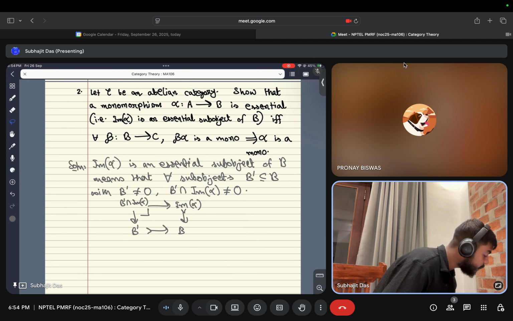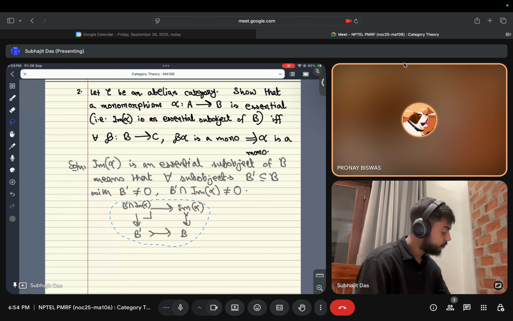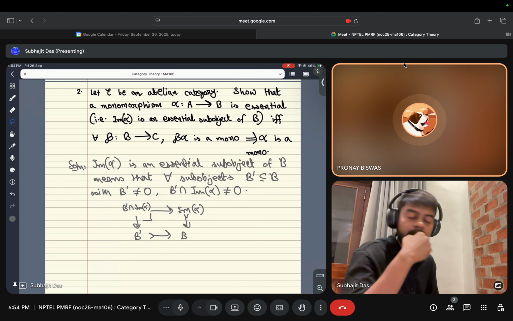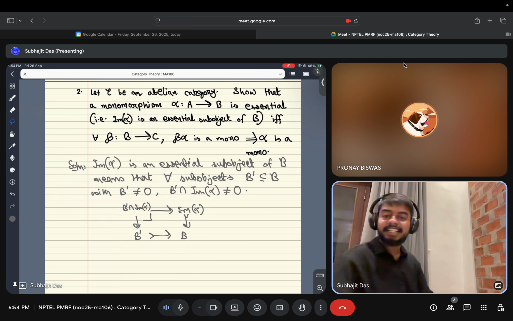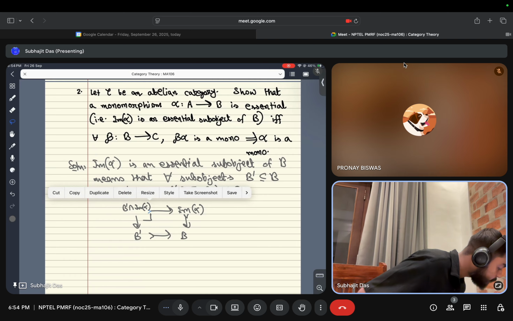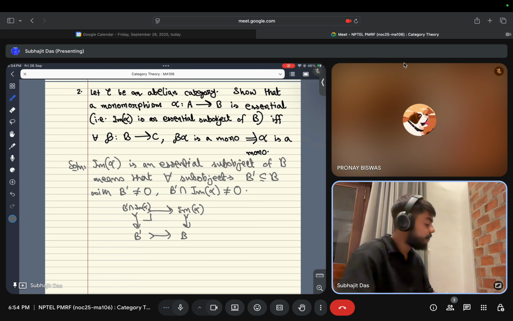Okay, so this is what an essential monomorphism is. Yes, so B prime intersection image of alpha will be a subobject of image of alpha as well as a subobject of B prime, because monomorphisms in any arbitrary category are always stable under pullbacks. Okay, so let's indicate that as well.